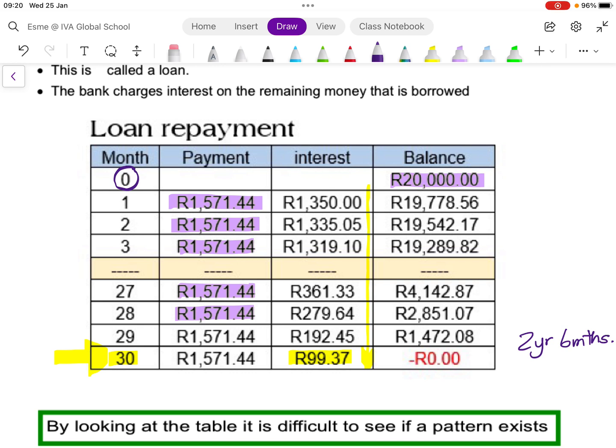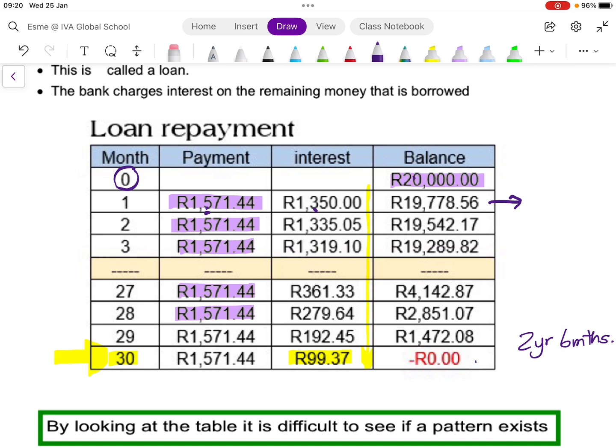And you will see how it is calculated. You will find your interest on it. So you take your 20,000, you subtract your repayment, you calculate the interest, subtract it from the 20,000, and then in the next month you owe 19,000, until it reduces to 0. Then the loan is paid off.